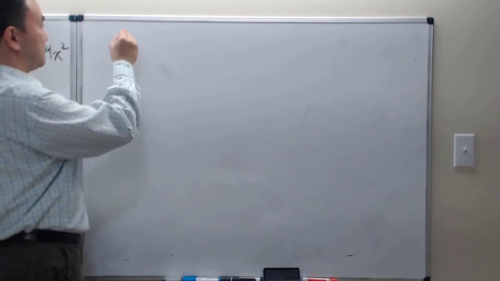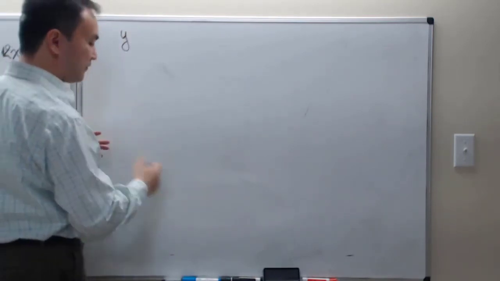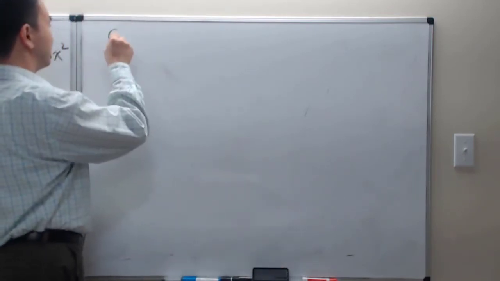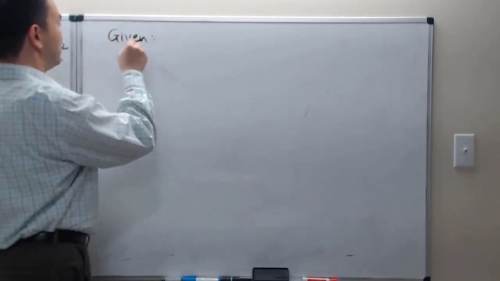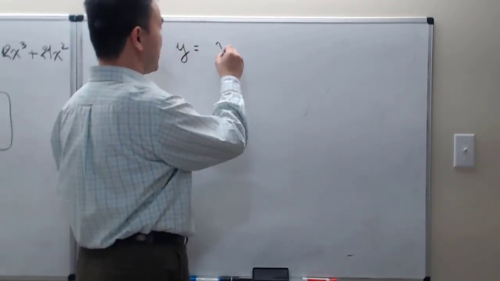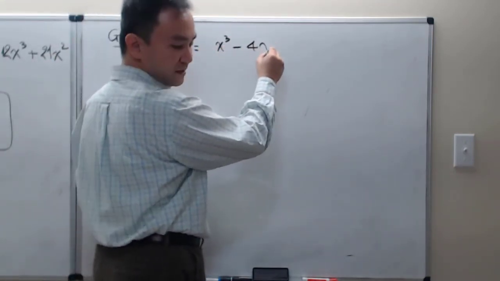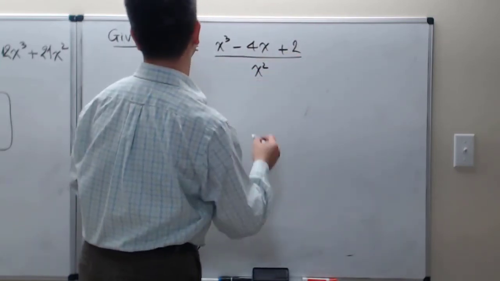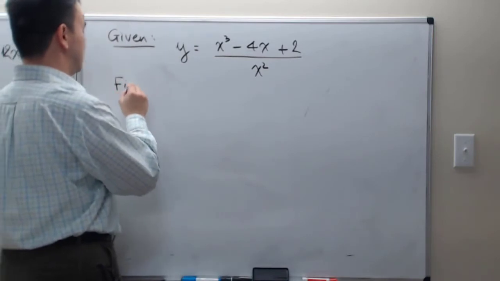So how about we start out with a given function. Given y equals x cubed minus 4x plus 2 over x squared. And let's find the derivative.